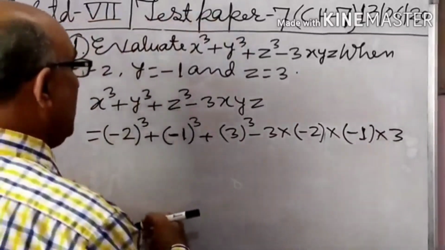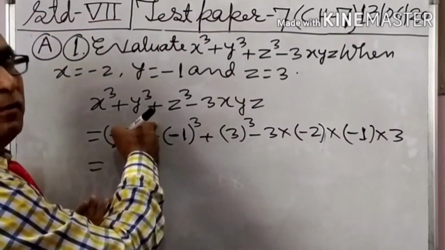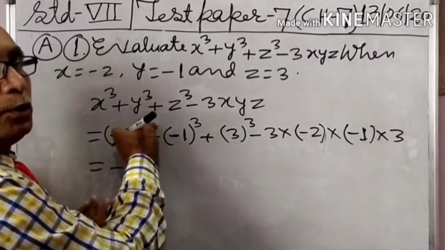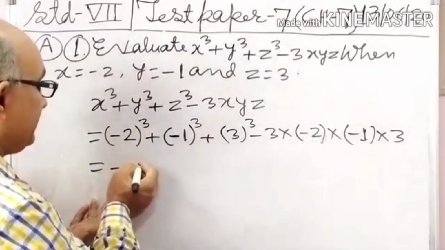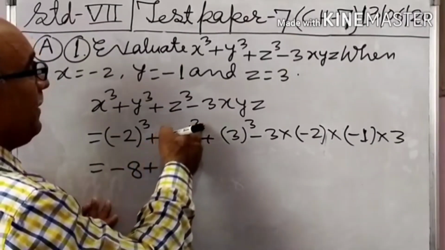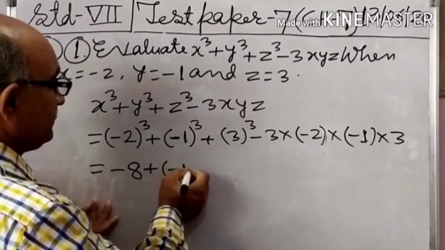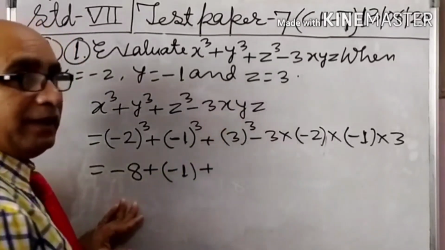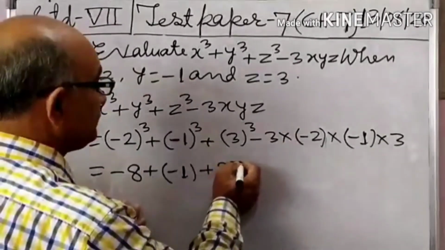Now solve it. Minus to the power of an odd number, so the result is negative. 2 to the power 3 is 2 into 2 into 2, 2 twos are 4, 4 twos are 8. Plus minus 1 to the power of odd number 3, so minus 1. Plus 3 to the power 3, 3 threes are 9, 9 threes are 27.